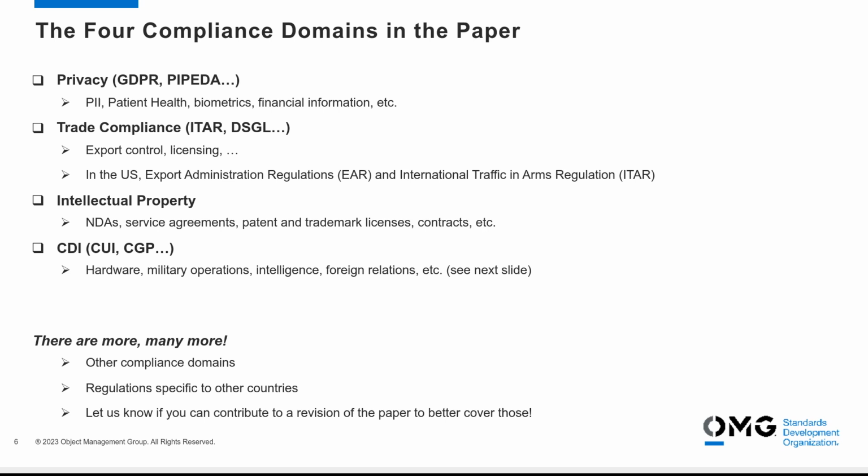Each one of the domains that we cover generally has a taxonomy that's controlled by that jurisdictional regulatory agency, as well as rules for handling that information and licensing and permitting behind it. There are legal documents associated with each domain that a company, through their legal department, generally will put in place.